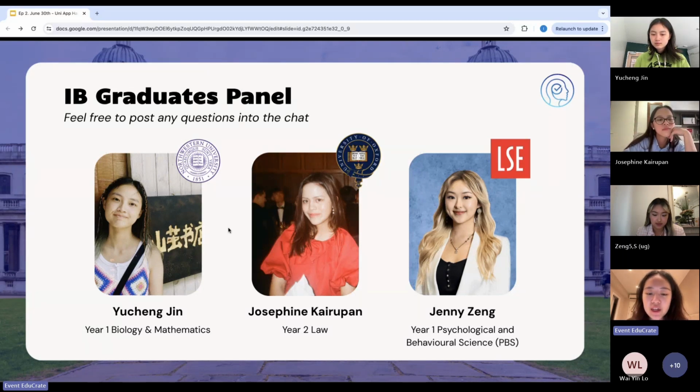We have Josephine, who is a rising year 3 final year student at Oxford University studying law. And we also have Jenny, who transferred from U of T, so University of Toronto, to LSE studying psychological and behavioral science, also known as PBS. Okay, so these are the three speakers that we have today. And let's start with the Q&A session then. Let me stop my share.